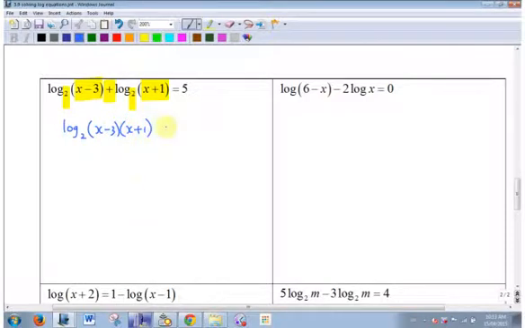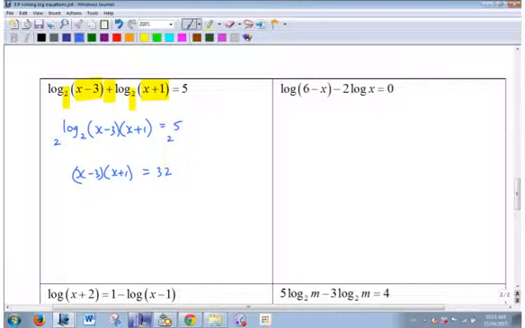Hey, what does that look like? Looks like a polynomial. Now I want to take power of 2 to both sides, if that's worded properly. I got that. And 2 to the 5 is 32.